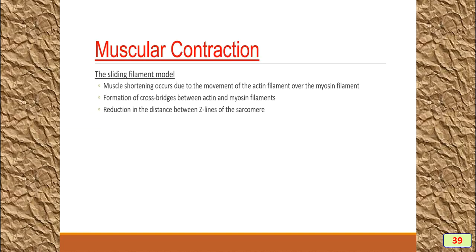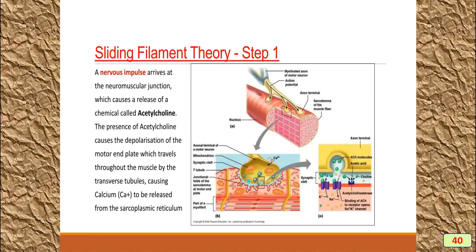So in muscle contraction, actin and myofilaments move together, as in the sliding filament theory step one. The filaments slide because of the entry of calcium, then calmodulin, and acetylcholine is a neurotransmitter in almost all skeletal muscle fibers, whereas smooth muscle fibers contain both adrenaline and acetylcholine or norepinephrine.